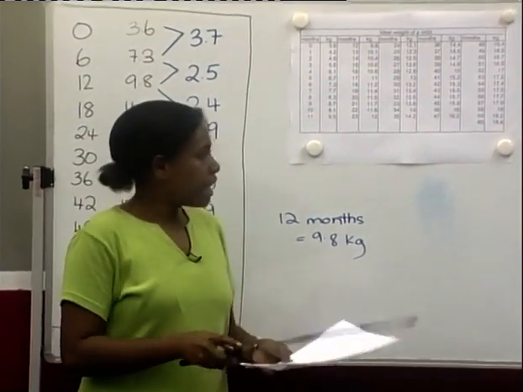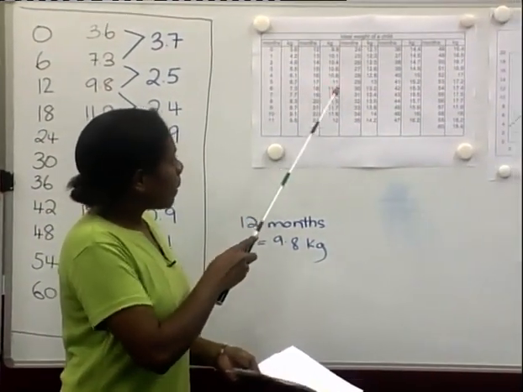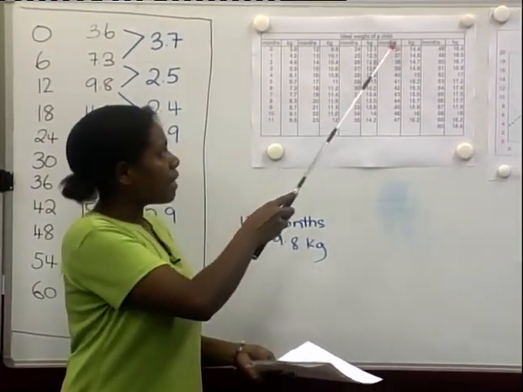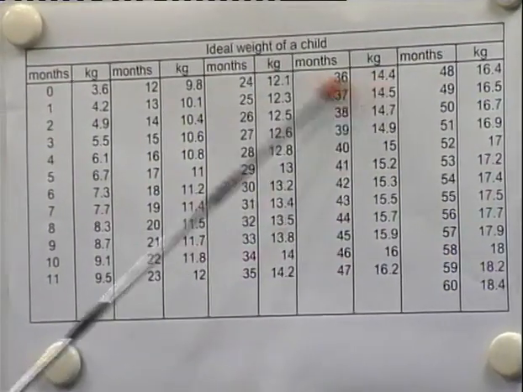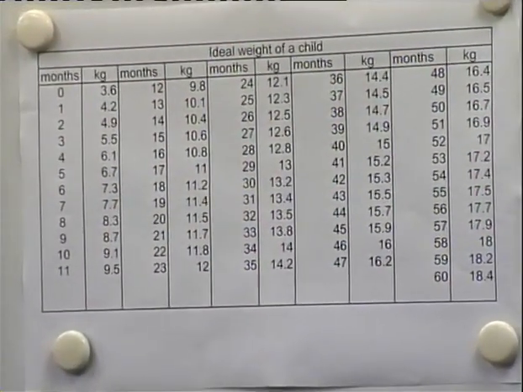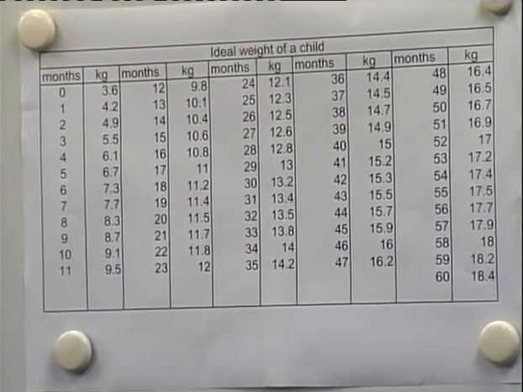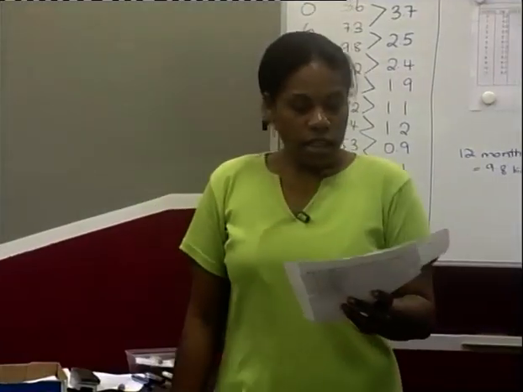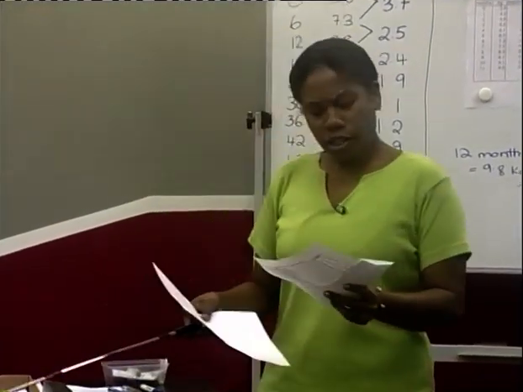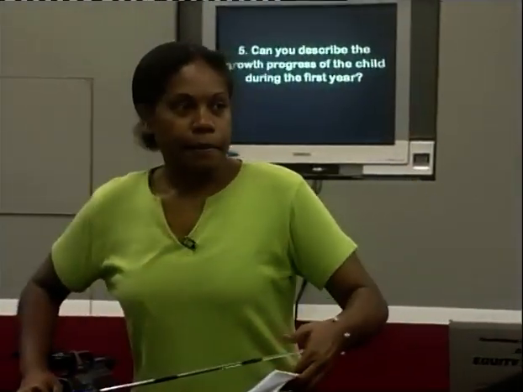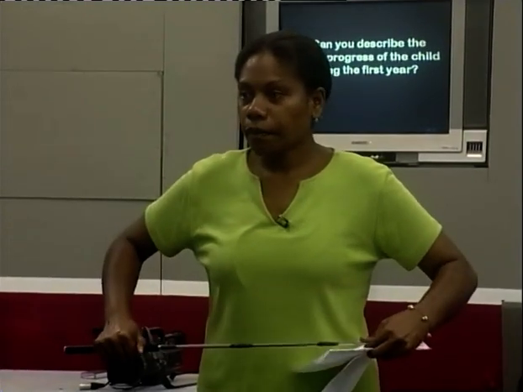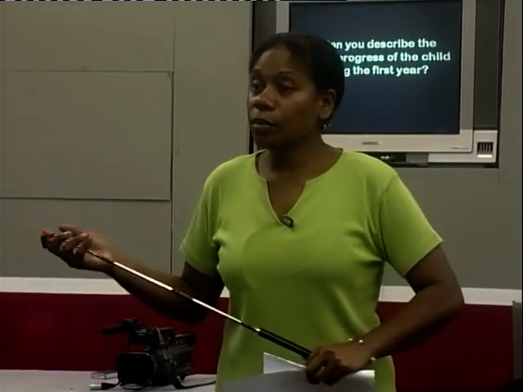The second year, 12.1 kilograms, and the third year, 14.4. So you get the difference, which is 2.3 kilograms. And the last question. Can you describe the growth progress of the child? Okay, quickly, last group.